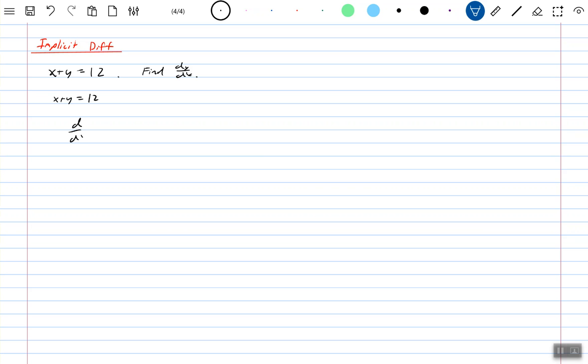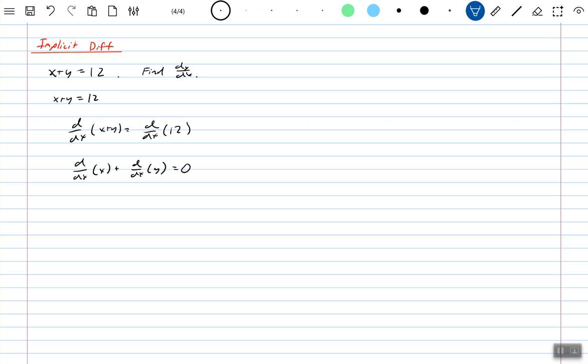So we take d dx of x plus y, and that's equal to d dx of 12. We pass it to each term, so that's d dx of x plus d dx of y is equal to, now what is the derivative of 12? Well, it doesn't matter what you're differentiating with respect to. The derivative of a constant is always 0.